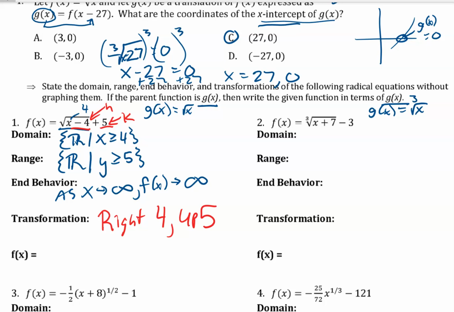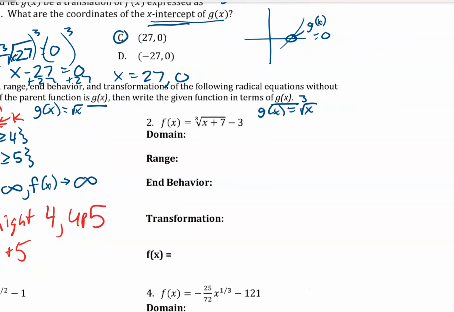And what is f of x in terms of g of x? F of x is a square root. So g of x was that square root of x. So what is f of x? It's g of x minus 4 plus 5.